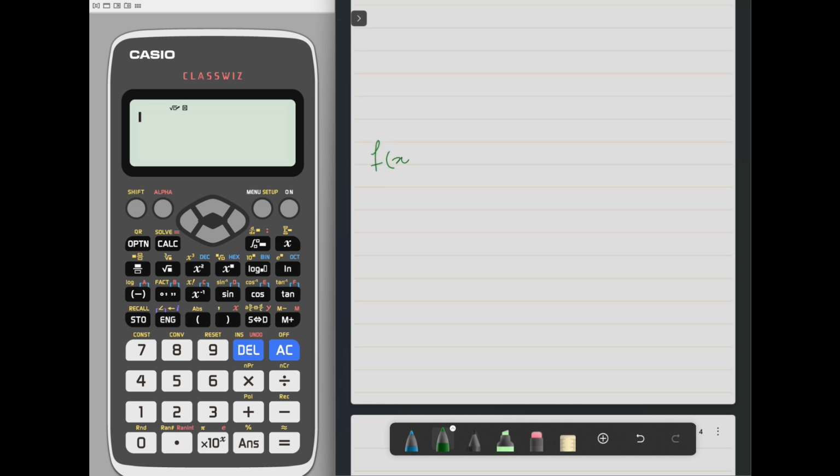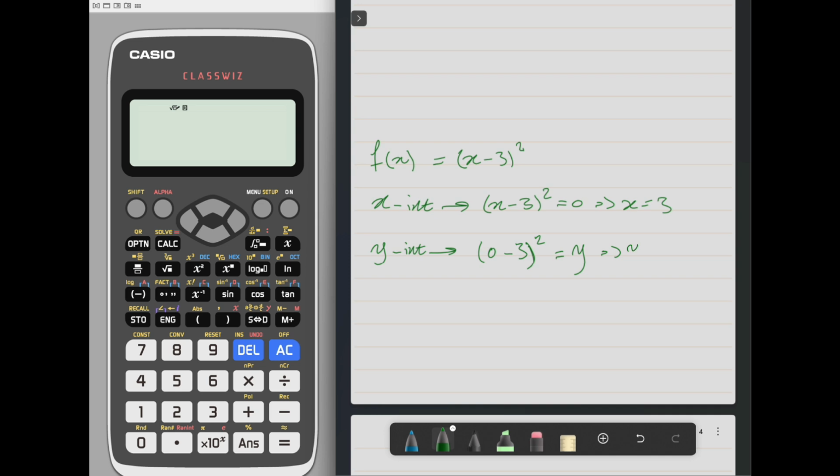And then we sketch the graph. Suppose that we have f of x being equal to x minus 3 squared, right? My x-intercept will be x minus 3 squared equal to 0, so x equal to 3. As for my y-intercept, 0 minus 3 squared is equal to y, so y is going to be equal to 9.